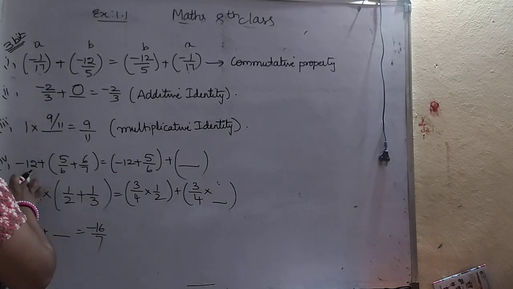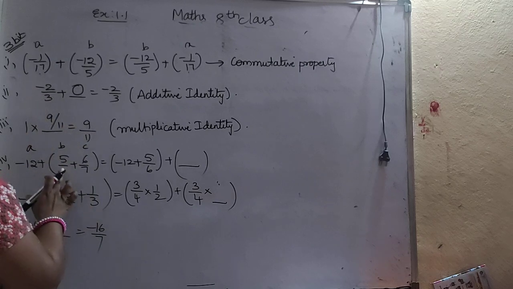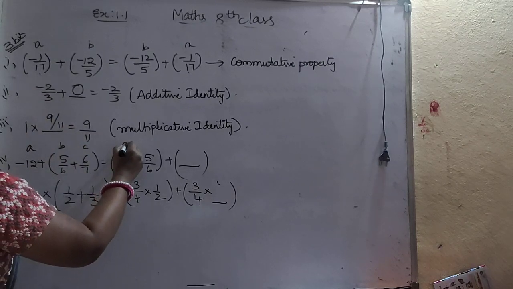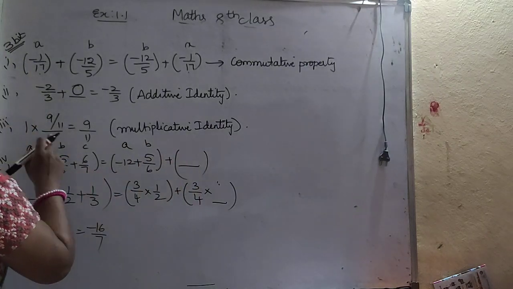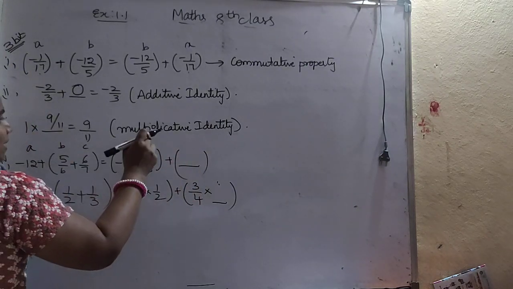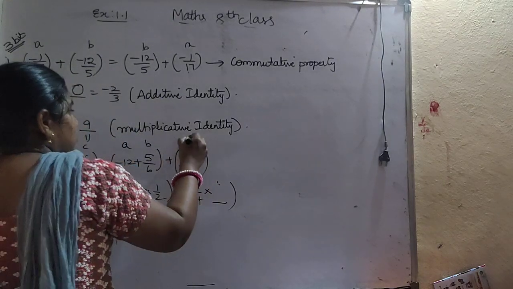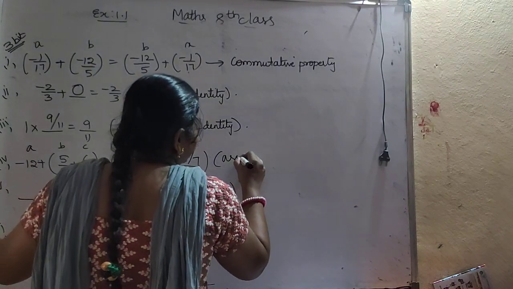So this will be A, this will be B, this will be C. They have given the brackets for B plus C, here they have given the brackets for A plus B. So what will be the value here? A plus B plus C is equals to A plus B plus C, so here it will be 6 by 7. Only the brackets have been interchanged, so that will be associative property.